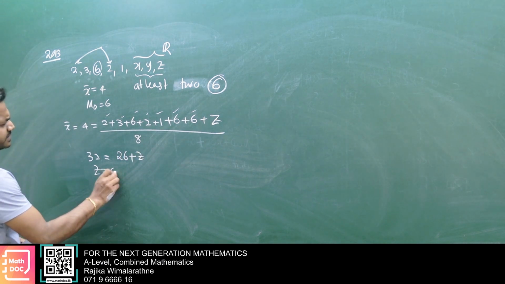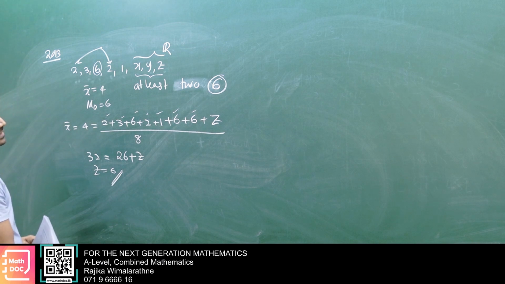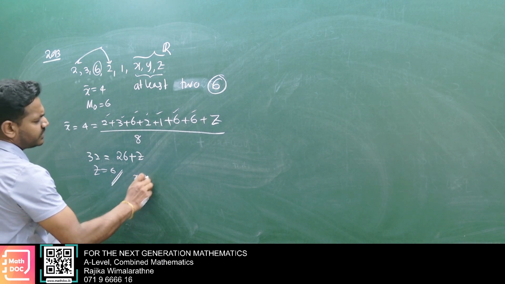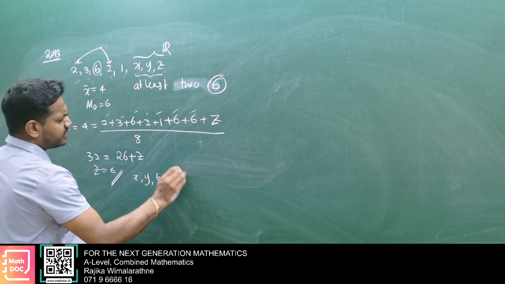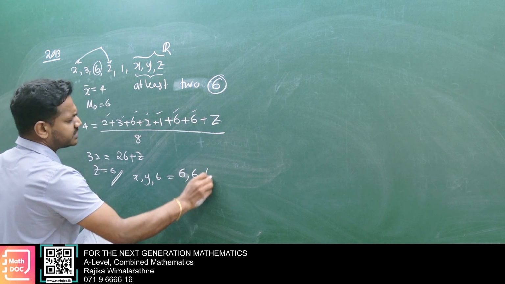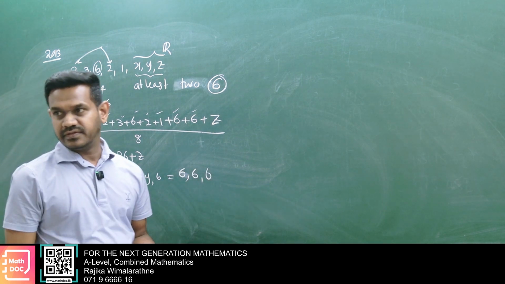Then z equals 6. Therefore x, y, z are 6, 6, 6. All are 6 values. No?